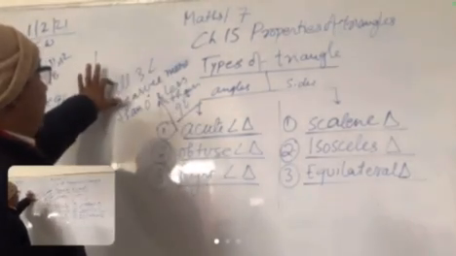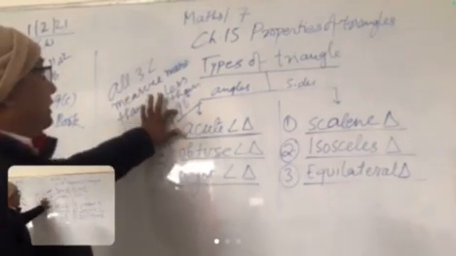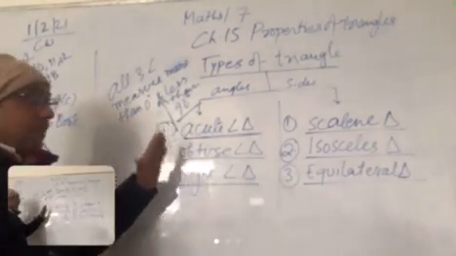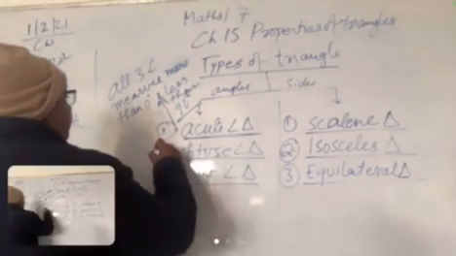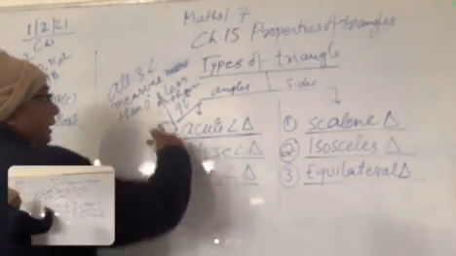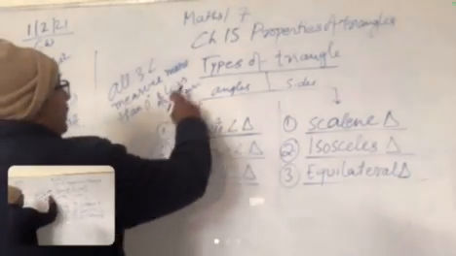All three angles measure more than 0 degree and less than 90 degree, then it is the acute angle triangle. And in obtuse angle triangle, you have written that all three angles measure more than 0 and less than 90 degree.